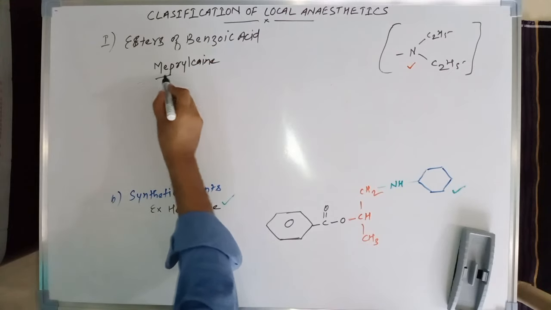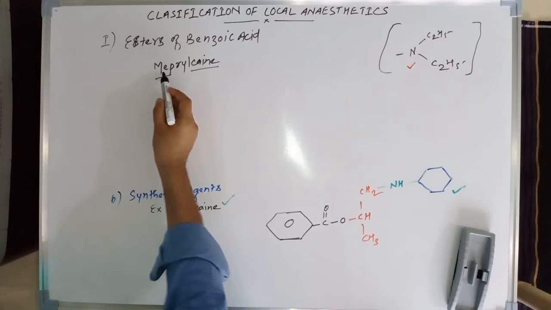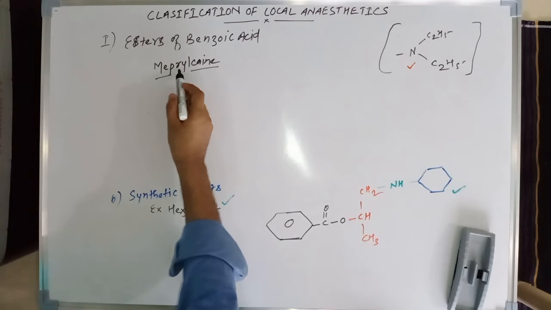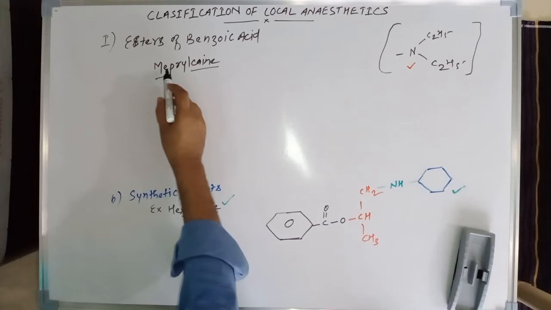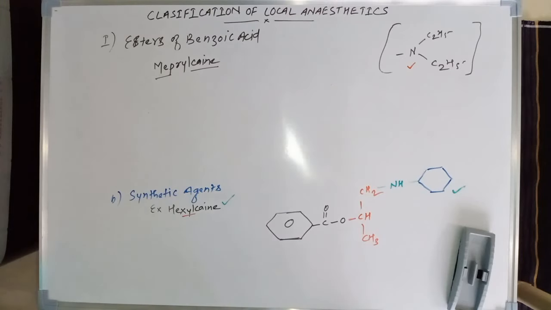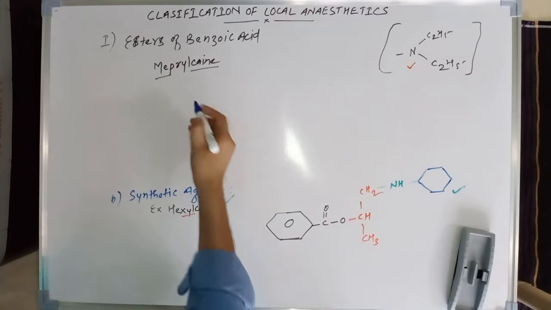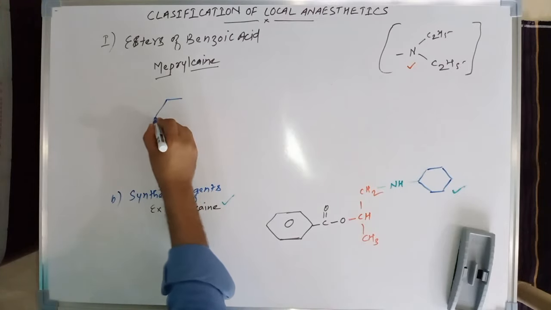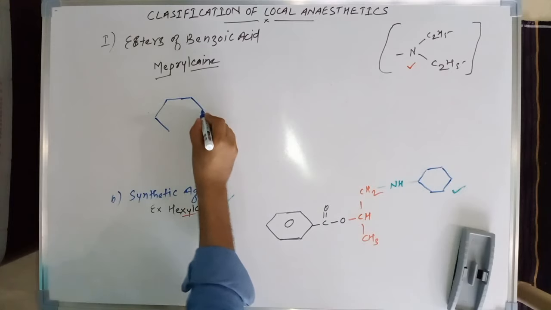From its name, it is clear that me means methyl and pryl means 3-carbon species, so methyl and propyl, two groups are present in this drug. Mepryl caine comes under the class ester of benzoic acid, so first we draw the structure of benzoic acid.